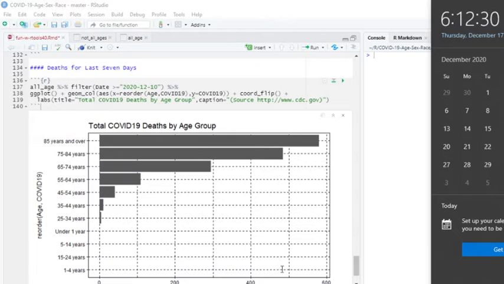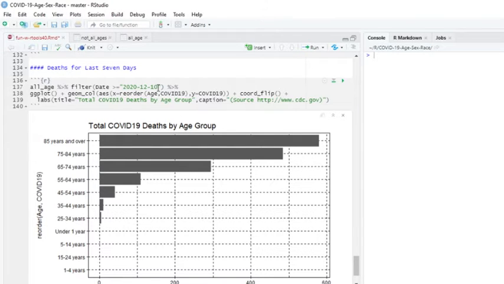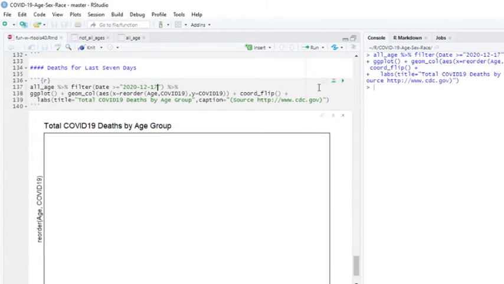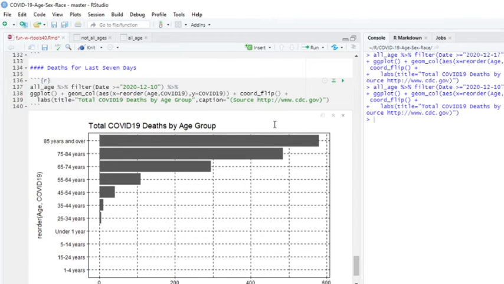They still account for almost 600 deaths.